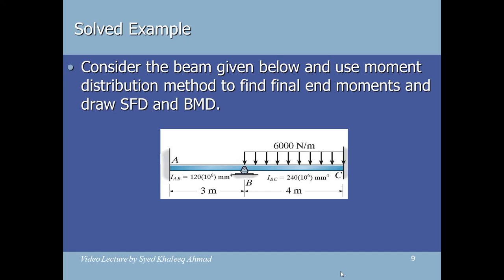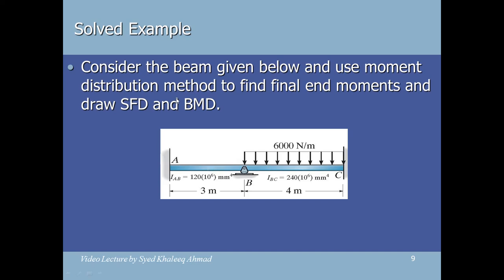Now we will try to solve one example and you will see how these steps are applied to solve indeterminate structures by using this moment distribution method. So here we have a beam which has these two parts, the same beam which I have shown you earlier.